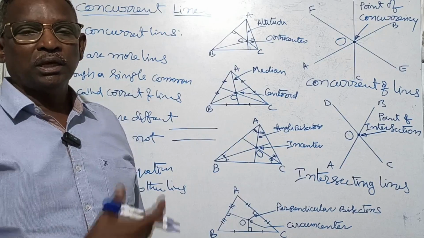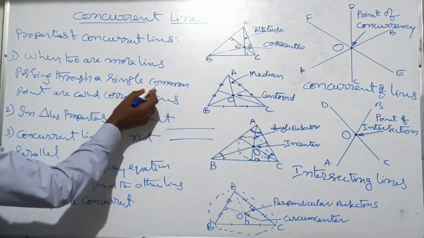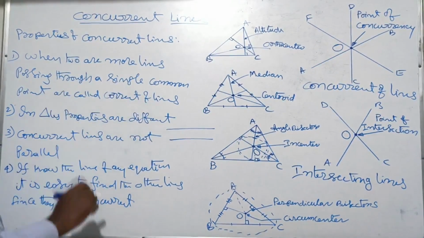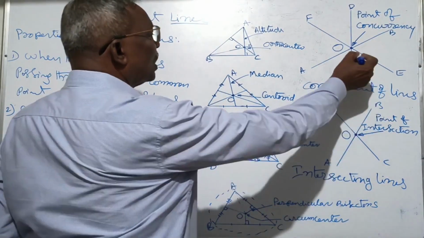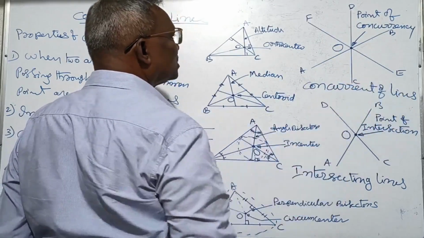Okay friends, repeating again, when two or more lines pass through a single common point, they are called concurrent lines, and that point is called the point of concurrency. That is number one. The difference between concurrent lines and intersecting lines: three or more lines passing through a single common point are called concurrent lines. If two lines pass through a single common point, they are called intersecting lines.